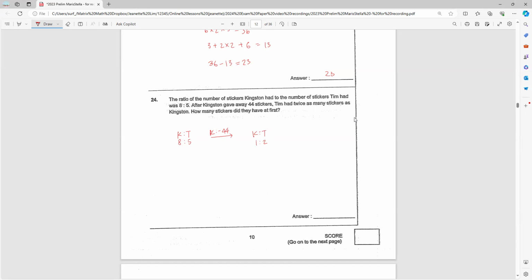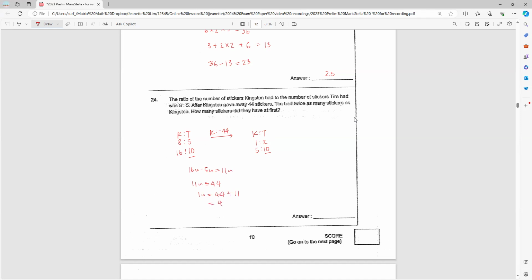Now the person that didn't change, right, before and after is Tim. He didn't give away or receive anything. So change to a common multiple, which is a 10. Okay, so this one you have to multiply by 2. This multiply by 5. So what is 44? 44 is a change from 16 units to 5 units. There is a decrease of 11 units. So 11 units is 44. 1 unit is 44 divided by 11.